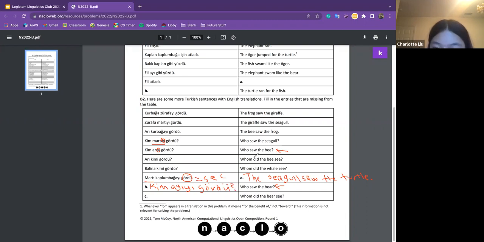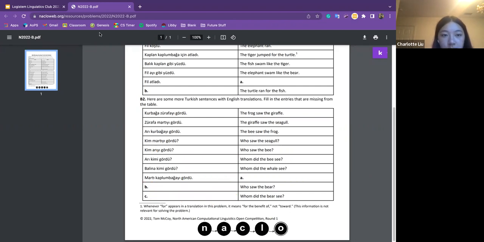And then whom did the bear see? That's going to be a similar format to this one. This one has no extra YI at the end, so it's this. So those are the answers for the second part.